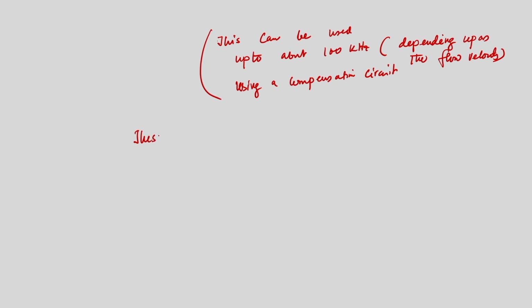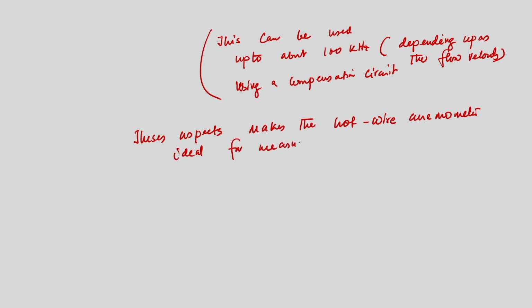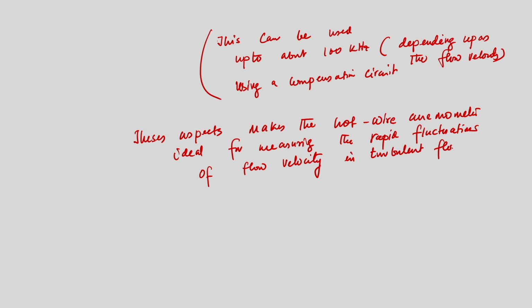So, these aspects make the hot wire anemometer ideal for measuring the rapid fluctuation of velocity, I can say flow velocity, in turbulent flows.